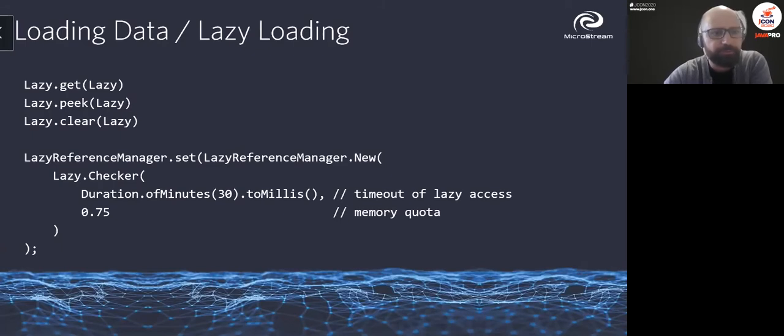So we have a lazy reference manager for that, which can be populated with a few predicates or stuff like that. And the default behavior would be that all lazy references which are not touched for 30 minutes or a certain amount of time are cleared, or if the memory quota exceeds a certain value.